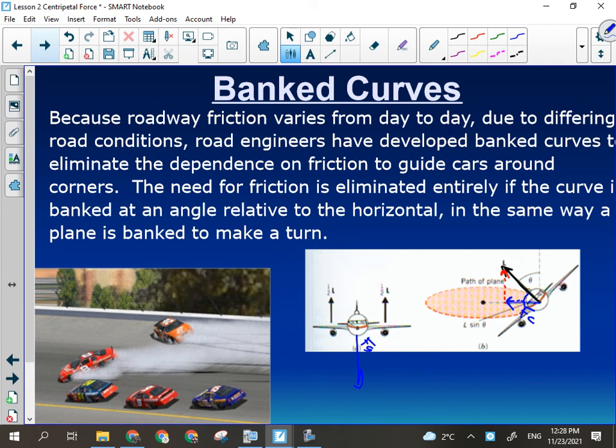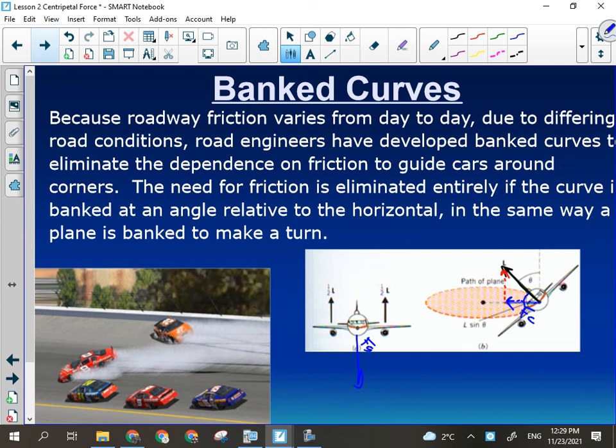All right, then we talked about how a banked corner works on the ground. We talked about the NASCAR corners and how steep they are. NASCAR corners are incredibly banked, because what the banked corner allows to happen is for the car's inertia as well as the normal force of the road to have a component that acts back towards the middle.